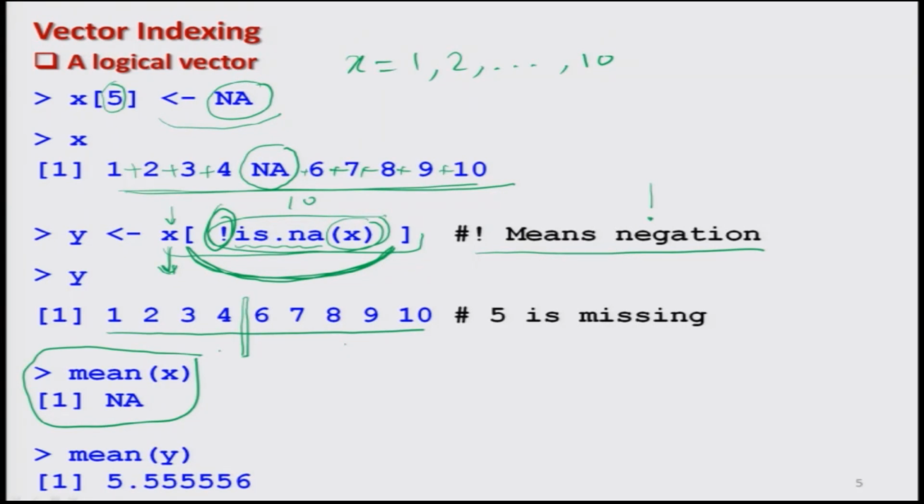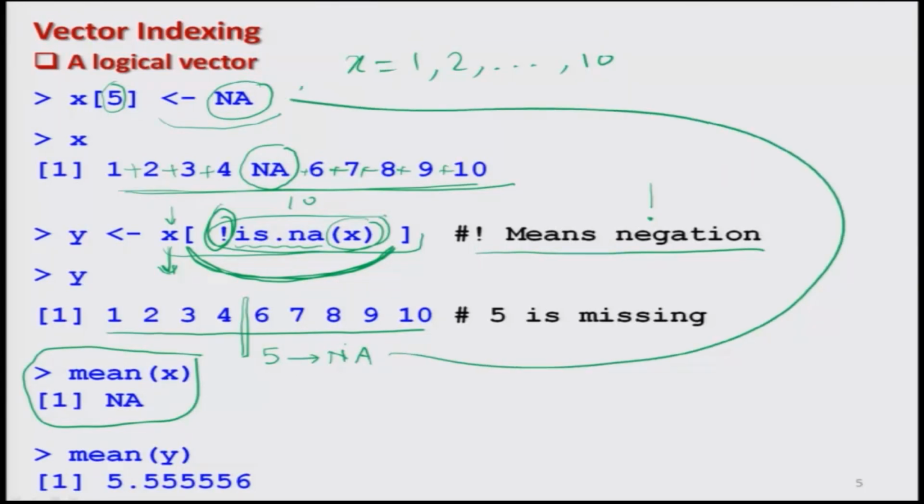In the original vector, it was 5. Now what we did, we had replaced this 5 by an NA in the first step that we did here. And then from this sequence, I have removed this NA, and this we have done here.